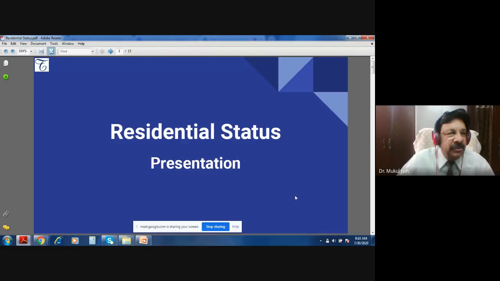If the person is a foreigner or an NRI, or the company is registered in a foreign land, then it's a foreign company, not an Indian company. So we have to see what kind of taxation laws will apply. That is why it is essential to know the residential status of either a person, a business firm, a company, or even a HUF.